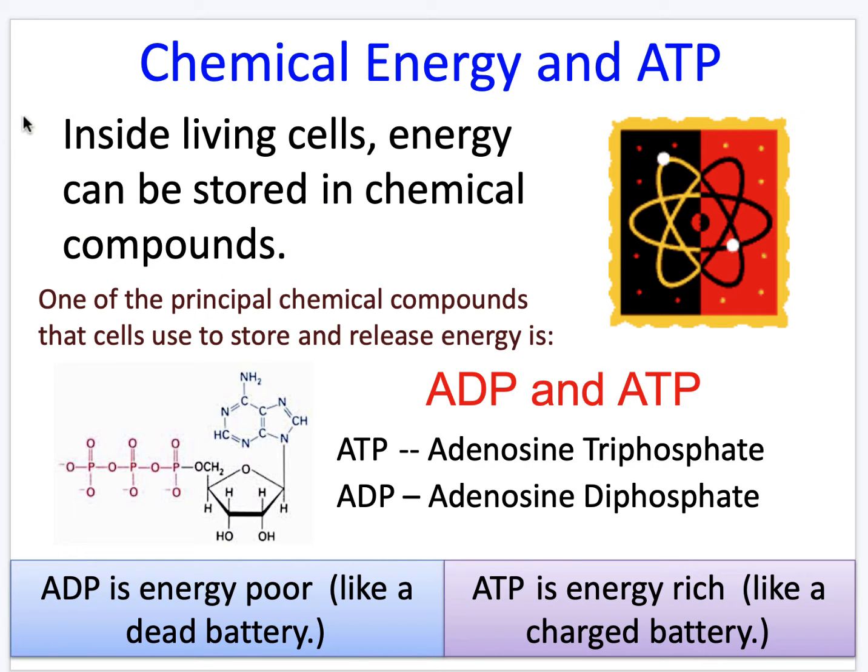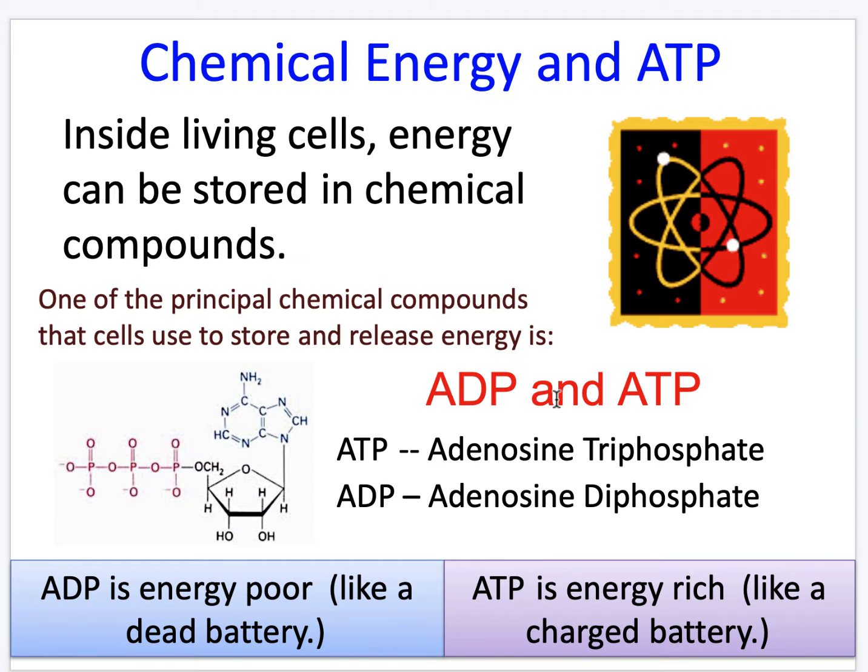Chemical energy and ATP. Inside living cells, energy can be stored in chemical compounds. One of the principal chemical compounds that cells use to store and release energy are these two alternating molecules, ADP and ATP.